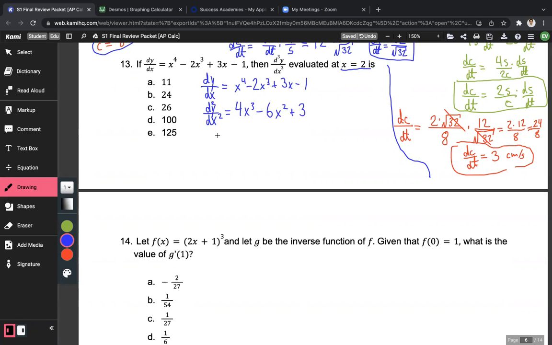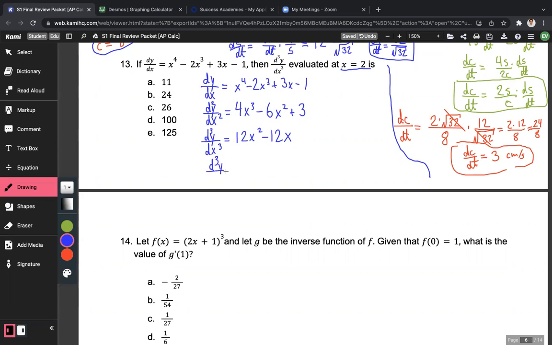This is just a bunch of power rule. We'll do it one more time. d3y over dx cubed, the third derivative, is equal to 12x squared minus 12x. Easiest thing in the world. Cool. And now I just want to figure out what that is at x equals 2.